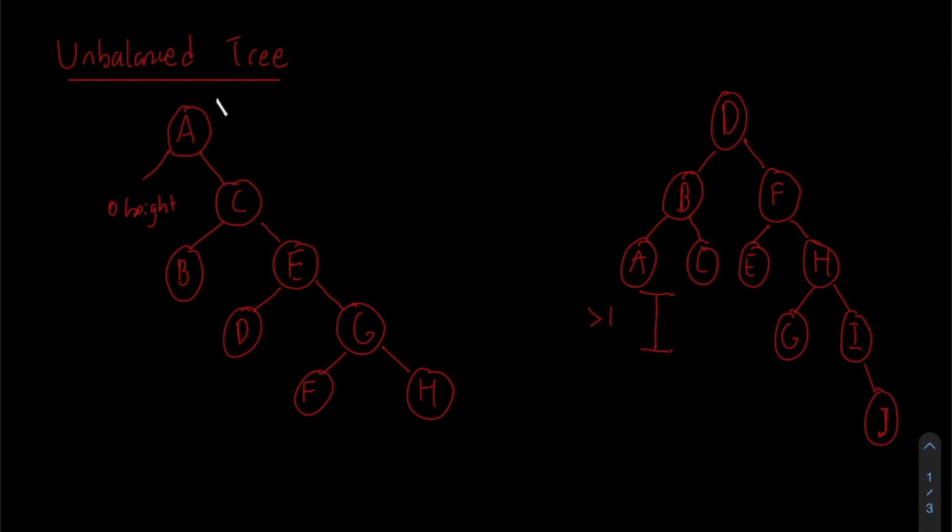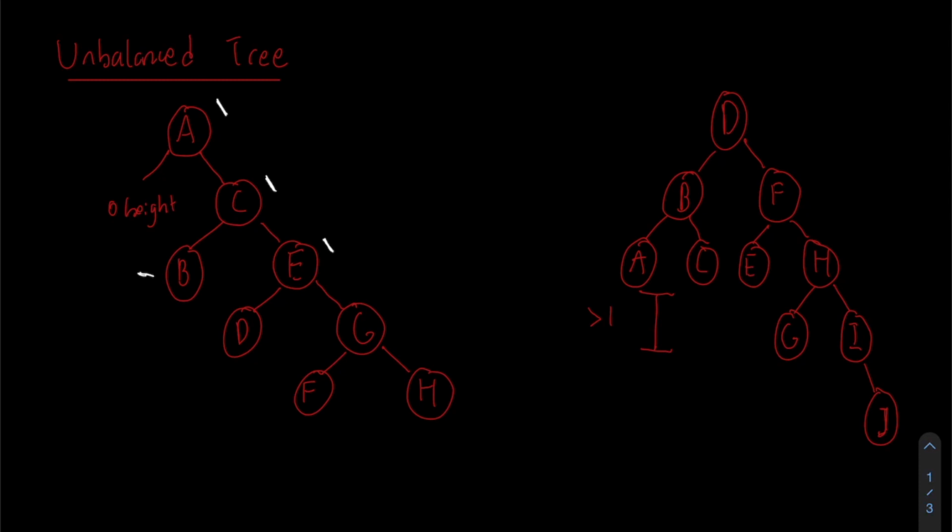If we look at C, we know that C is also right heavy, but B has no children, so we're going to label it as equal heaviness. We know that E is also right heavy, right? Because there's more height. It's a greater height in the right subtree than it is in the left subtree.